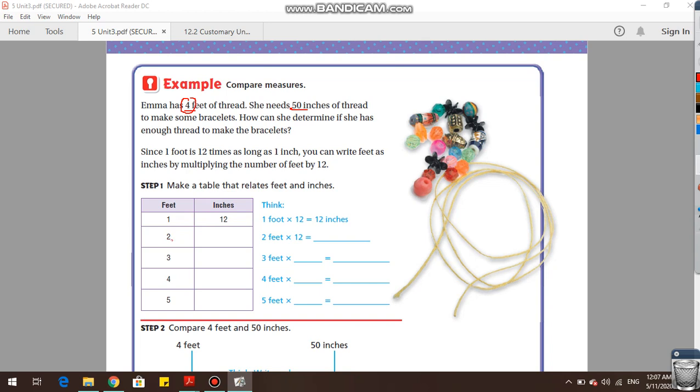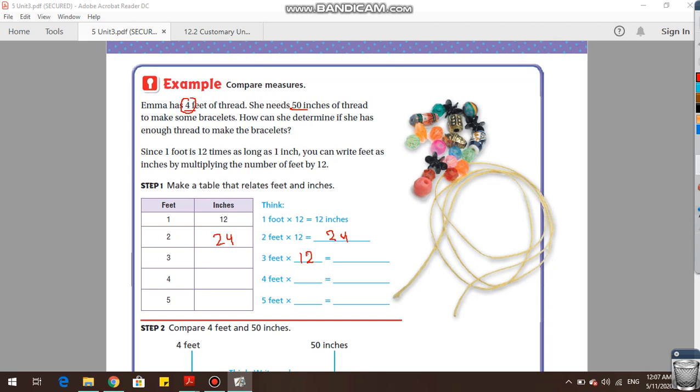How about if I have 2 feet? I will have how many inches? I'm gonna say 2 times 12 equals 24. So I'm gonna write 24. How about if I have 3 feet? I will have how many inches? I'm gonna say 3 times 12. Why 3 times 12?